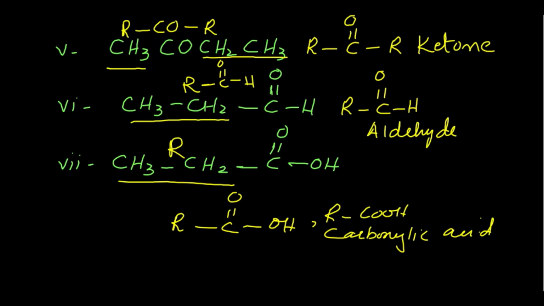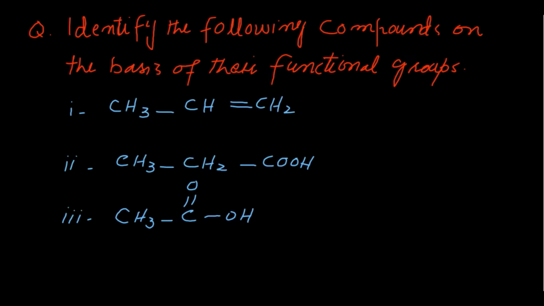Now, students, we will see the next question. In the next question, we are asked to identify the compounds on the basis of their functional groups. Some compounds are given to us. So let's see what compounds are given.